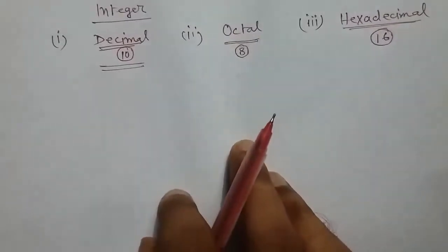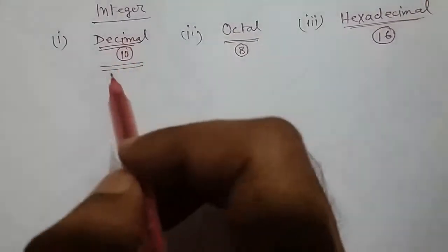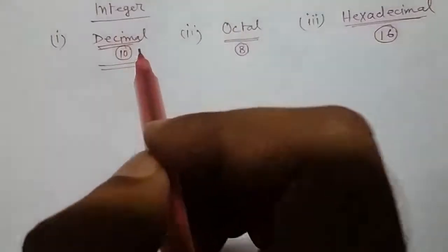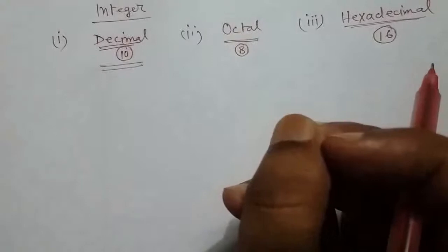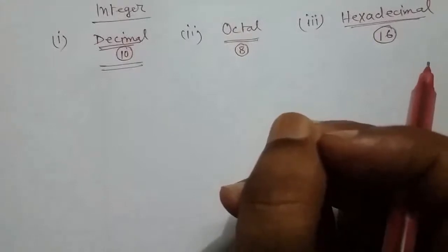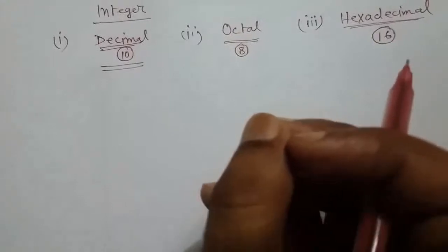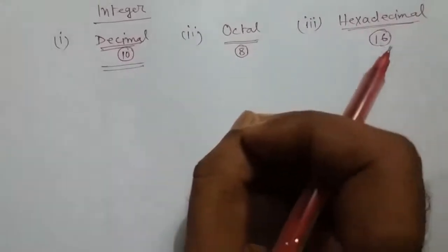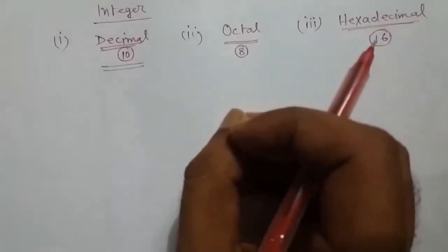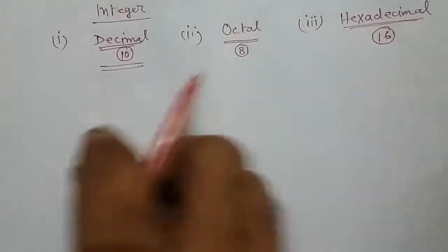I am telling again, an integer literal consisting of a sequence of digits is taken to be a decimal integer unless it begins with 0.